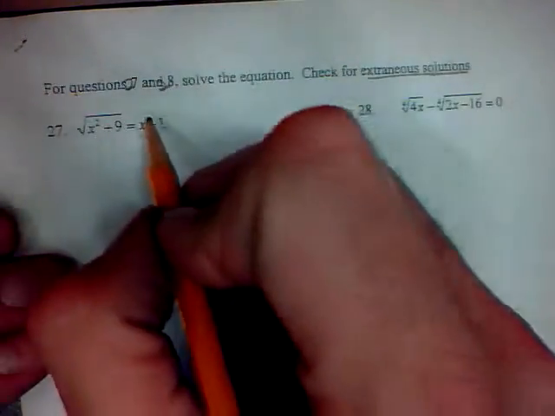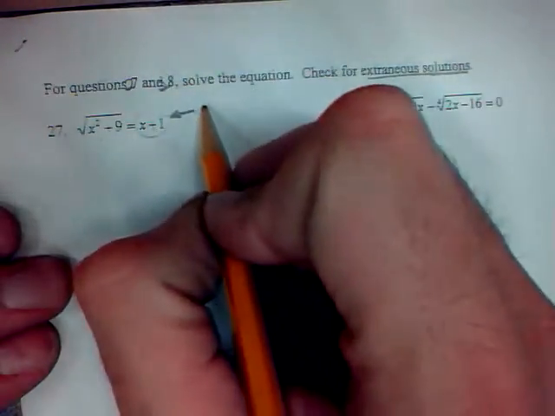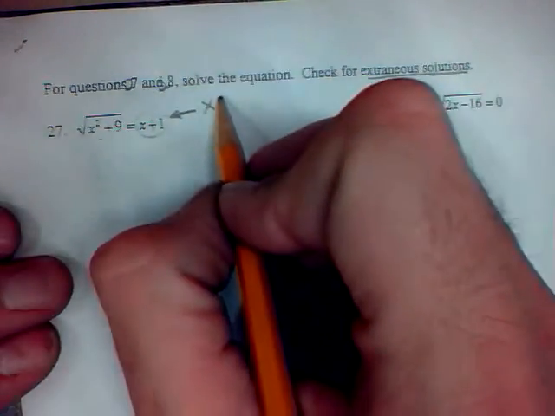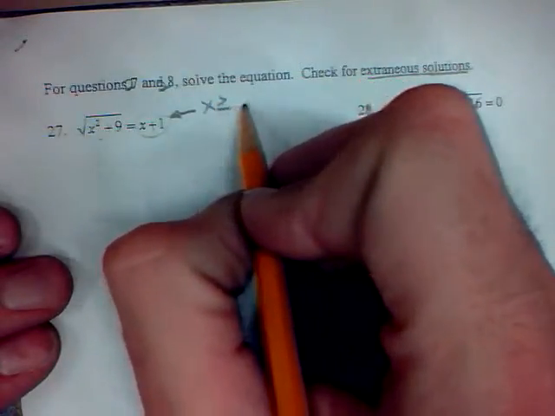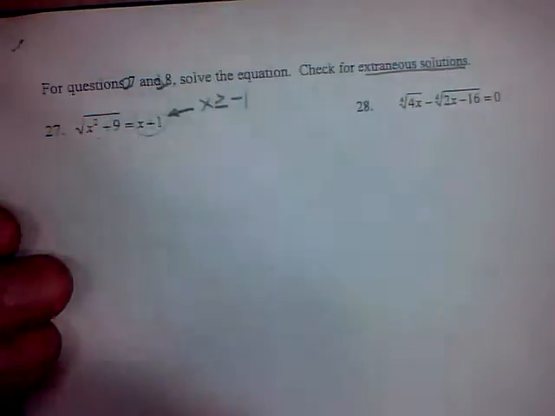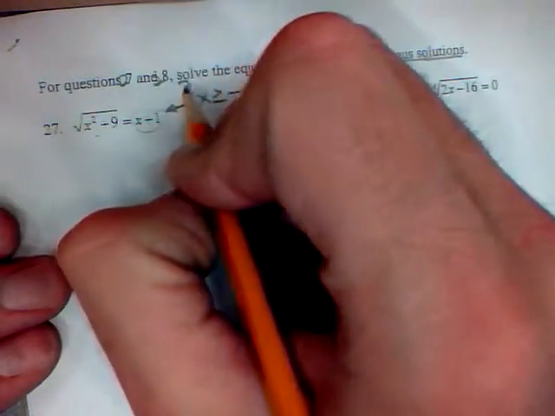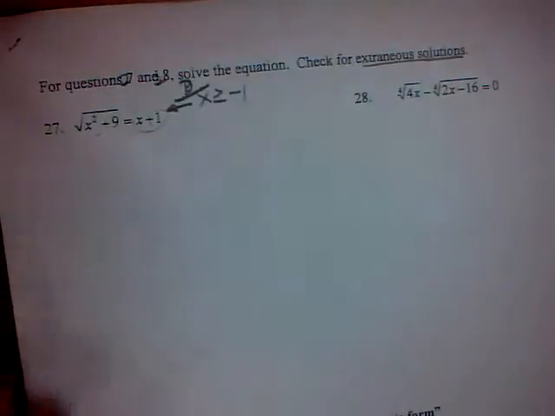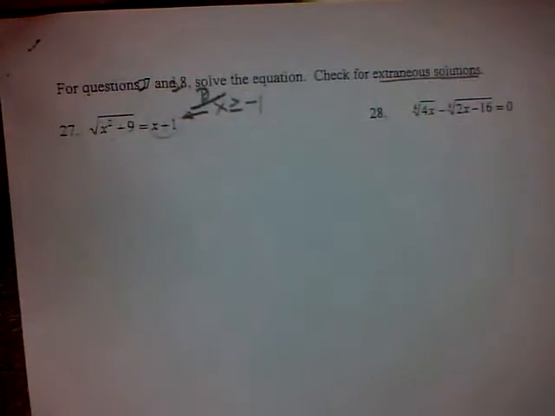So right off the bat, we know the values of x here have to be greater than or equal to -1, because -1 would get you 0 there. So this is your domain here. Your domain on this one, x would have to be greater than or equal to -1 for your final answer. So if you get anything smaller than that, then we know we have an extraneous solution.